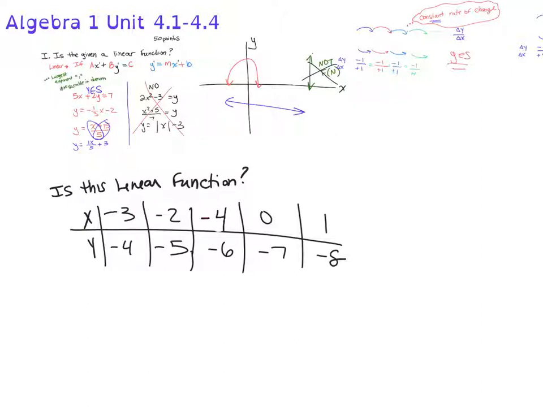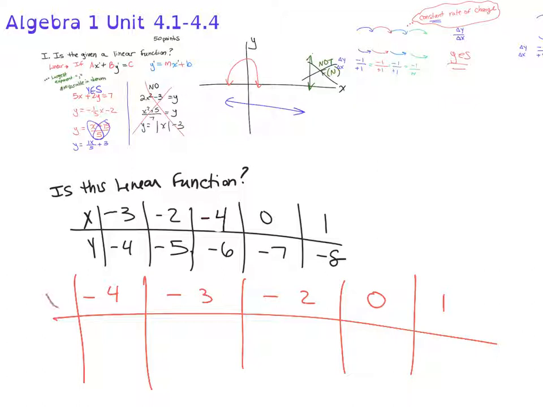I know it's out of order right now, but let's make believe that it was in order. If I wrote it in order and I made it -4, -3, -2, -0, and 1, okay? So I am rewriting a problem for the sake of showing you how to tell if it's not linear. So -4 was -6, -3 was -4. I'm just rewriting it.